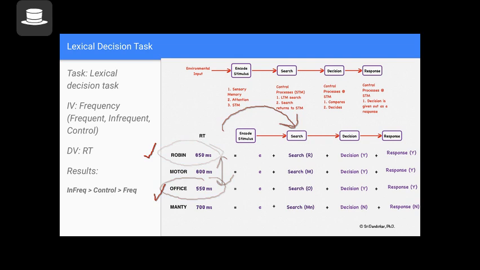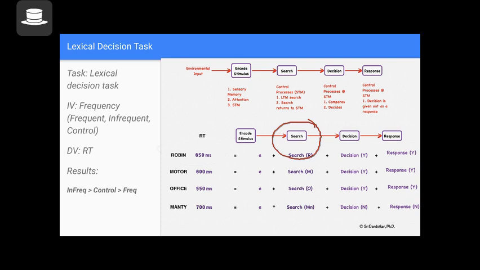That would be one reason why the frequent words were responded to faster when compared to the infrequent words. So this is how you make inferences about the mental process, that the frequent words are more easily accessible, taking less time to search for them when compared to infrequent words.